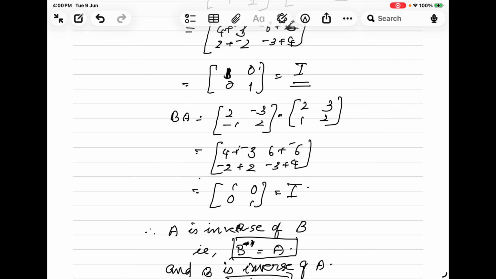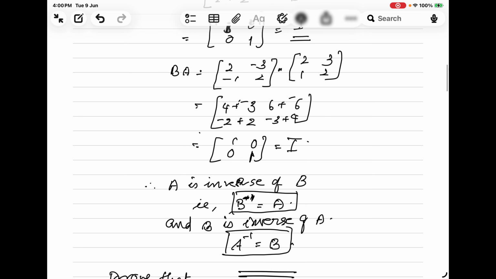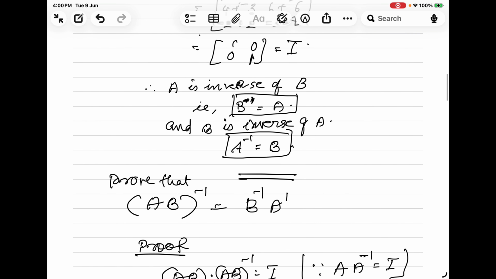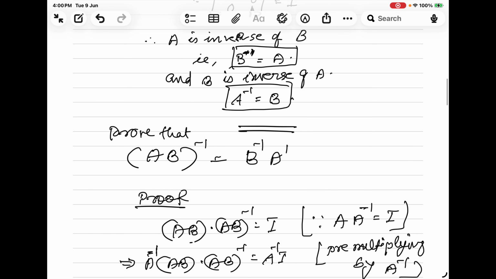That equals 1, 0, 0, 1, which is I. So AB equals I, therefore A is the inverse of B, that is B inverse equals A, and the inverse of A inverse equals B.